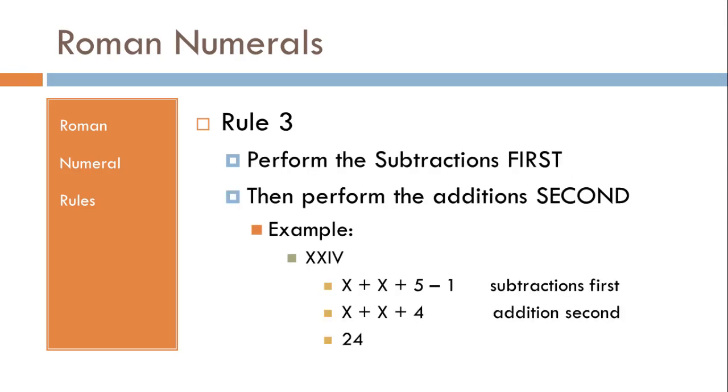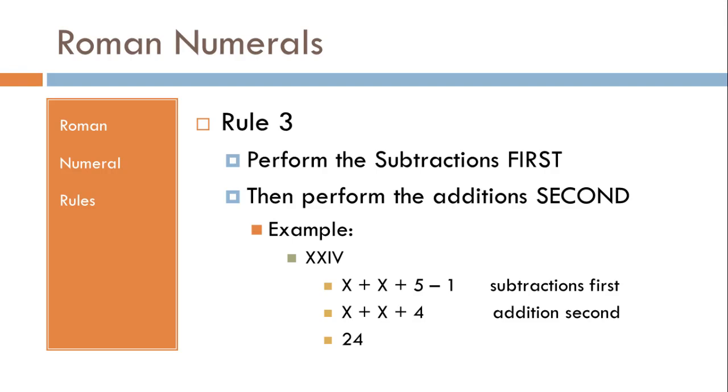Rule number 3, we're going to perform the subtractions first, and then perform the additions second. One way I remember that is I just look at it as a plus sign is 2 bars, and the minus sign is 1 bar. So the minus or the subtraction sign is 1 bar, so it's first. The plus sign is 2 bars crossed over each other, so it's second. For the example here I have 24, not a Cowboys Super Bowl. So now we're going to do the subtractions first.